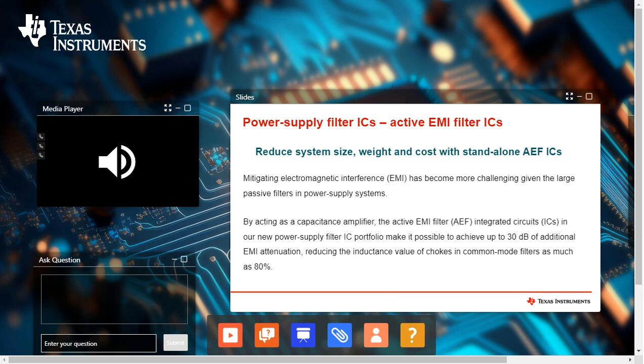Mitigating electromagnetic interference, or EMI, has become more challenging given the large passive filters in power supply systems. Designers may reduce the system size, weight, and cost using the new standalone active EMI filter, or AEF, ICs from TI.